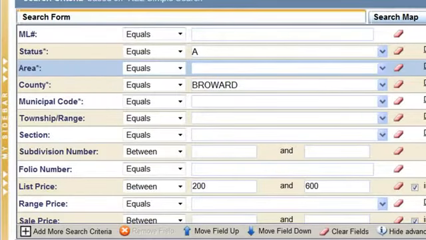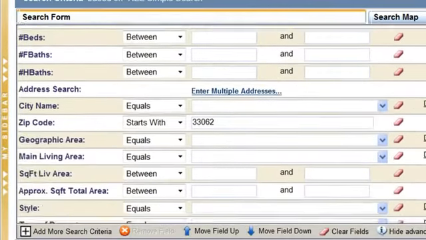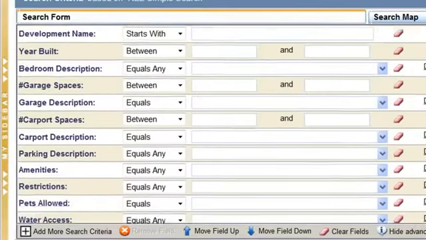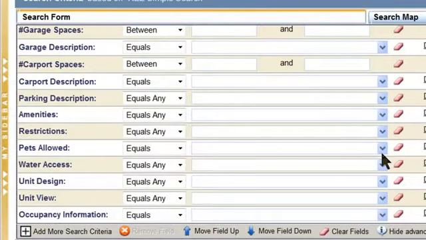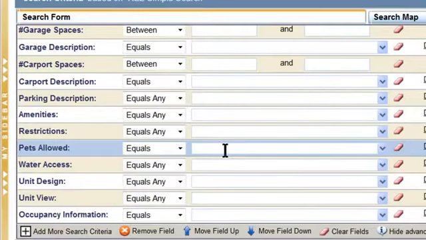Okay, I'm just going to search in Pompano, between 200,000 and 600,000 for some condos, just to show you as an example. Now, when you're searching for pets allowed, most people will go over to where pets allowed is.